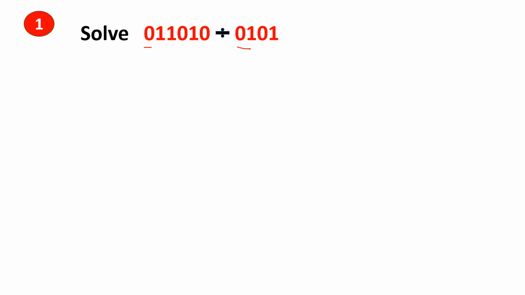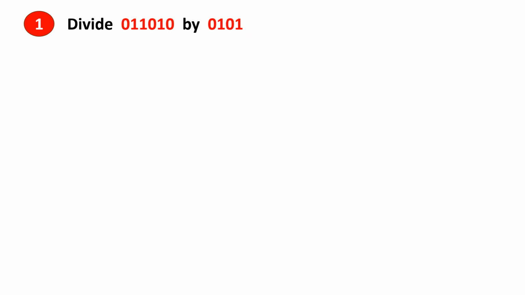So in both the dividend as well as in the divisor, we can see zeros present in the most significant bit. So we can neglect this 0 and we can proceed to solve the problem. Now I have neglected the zeros in the MSB and I have written the number.